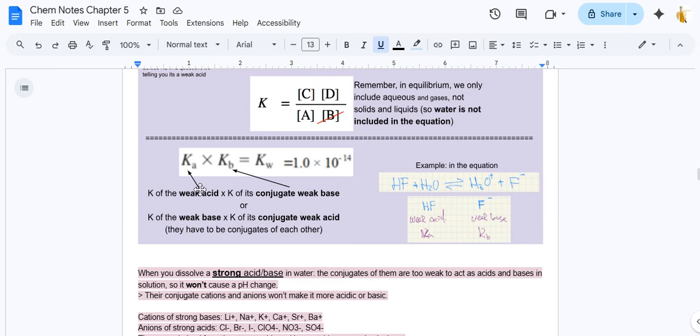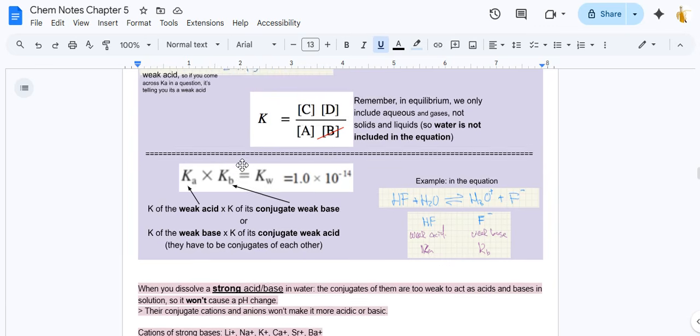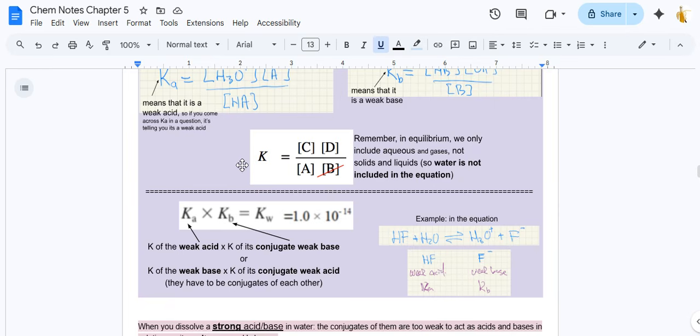And one thing to be cautious of, these have to be conjugates of each other. So we can't use a random weak acid and a random weak base in the formula. We have to use the weak acid and the conjugate weak base of that weak acid, and vice versa.